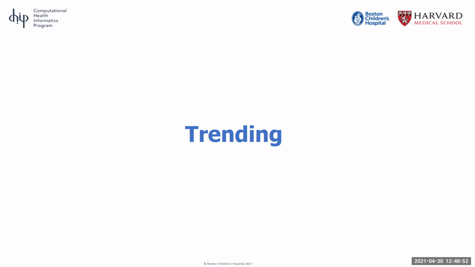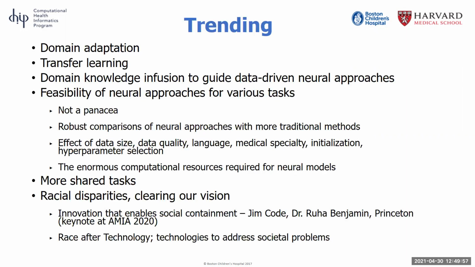Now, I'd like to conclude my presentation with some thoughts about where I think we will be going in the next few years. I think one very important line of research is domain adaptation. We have all seen degradations in performance of the models that we build from data in one domain when transferred to a different domain.